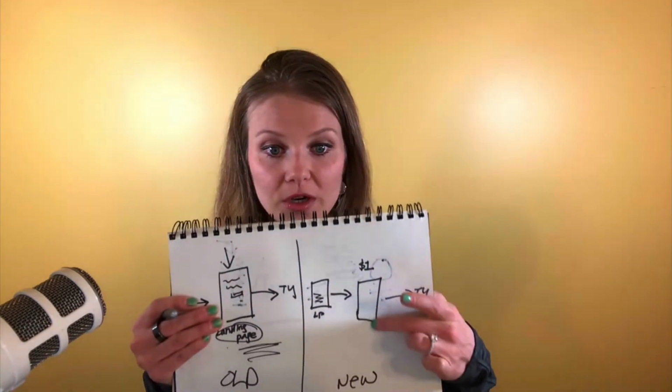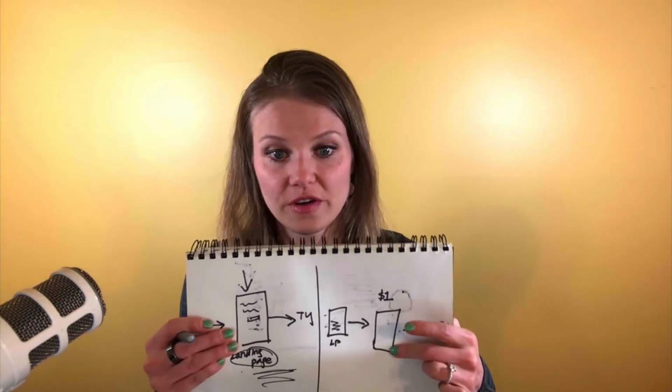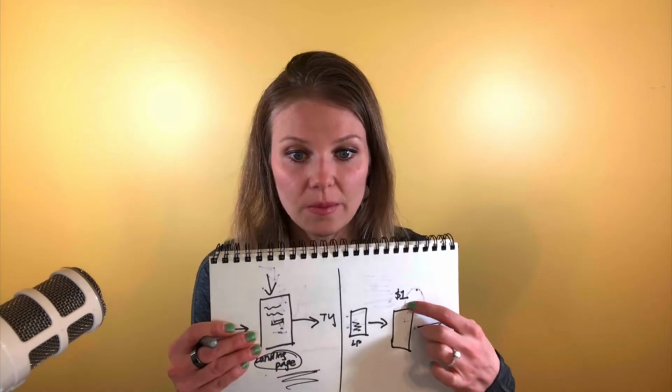So what you need is a way to test how committed people are about buying your product, and also to make sure that if they can't order your product for a few weeks, they're invested. So the way that we do that is by harnessing a $1 micro commitment.